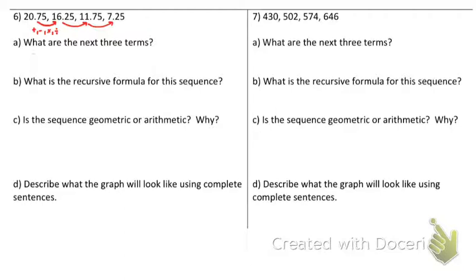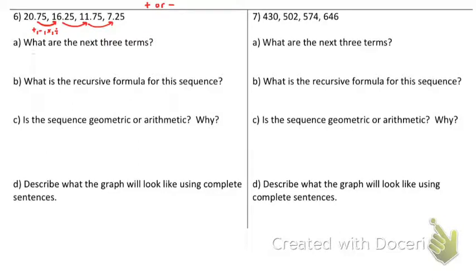So here's the thing. We first want to test: are we adding or subtracting to get to the next term, okay? So the first test we do there is you're going to take the second term and subtract the first term, okay? This was also in the notes from Tuesday.